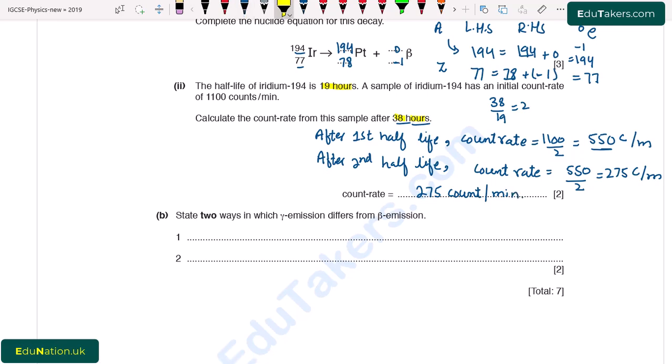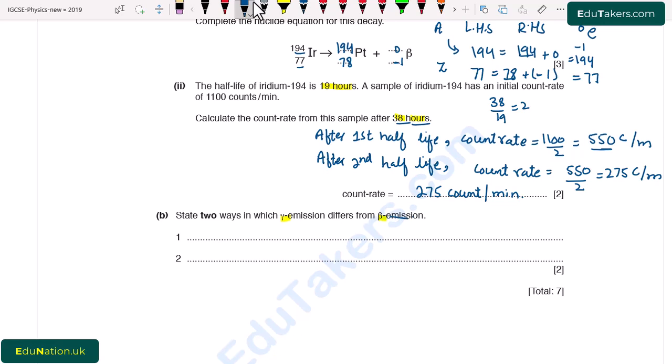Part B. State two ways in which gamma emission differs from beta emission. So we have to differentiate between gamma radiation and beta particles. We know that the charge on gamma is 0. It means that gamma radiation is chargeless. It does not have any charge. While the beta particle is just like an electron and has charge.